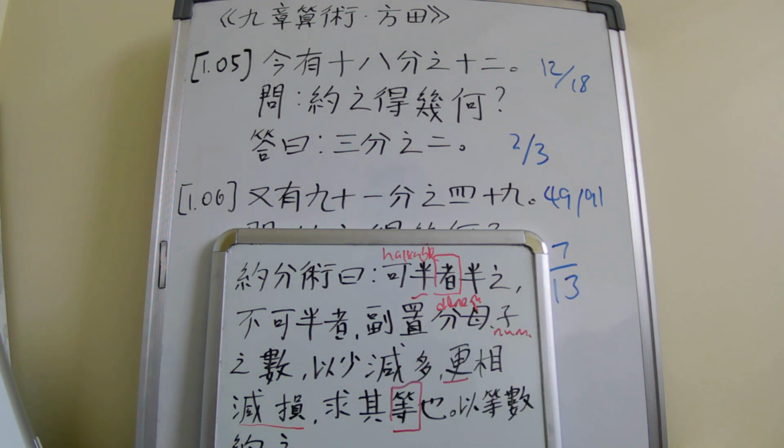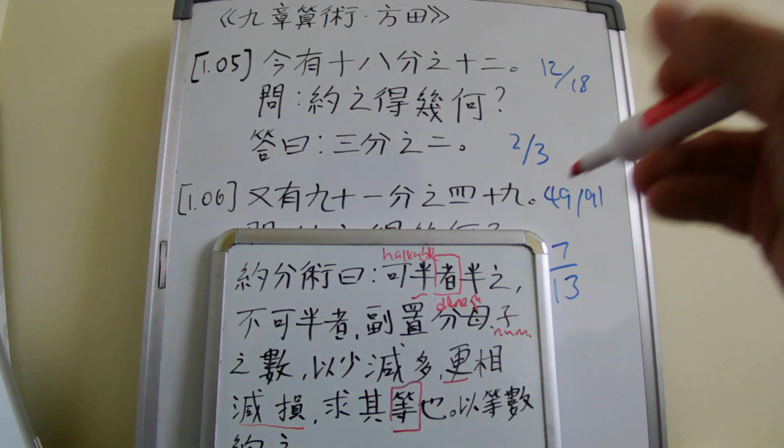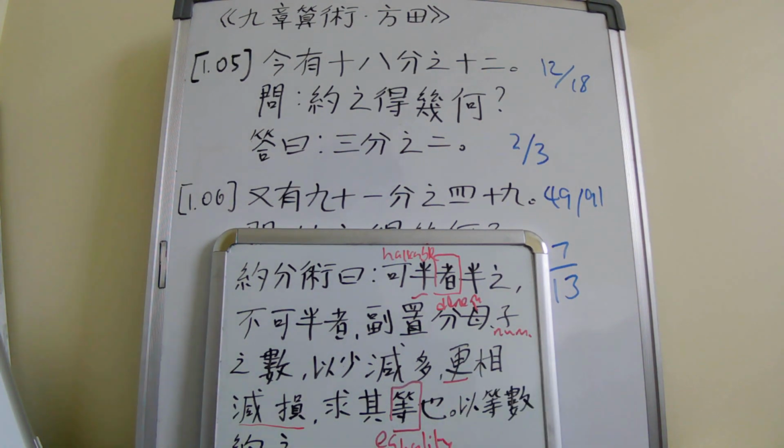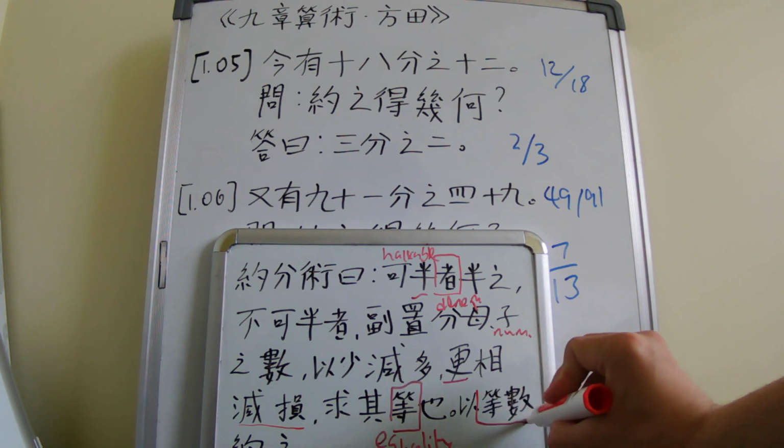So, if you know Chinese, this character means to wait, but it can also mean equal or to be equalized. So what it means here is until equality. You're going to keep doing this algorithm, this step, until you reach the same number on both sides. And 以等数. Okay, so this is now the equal number.